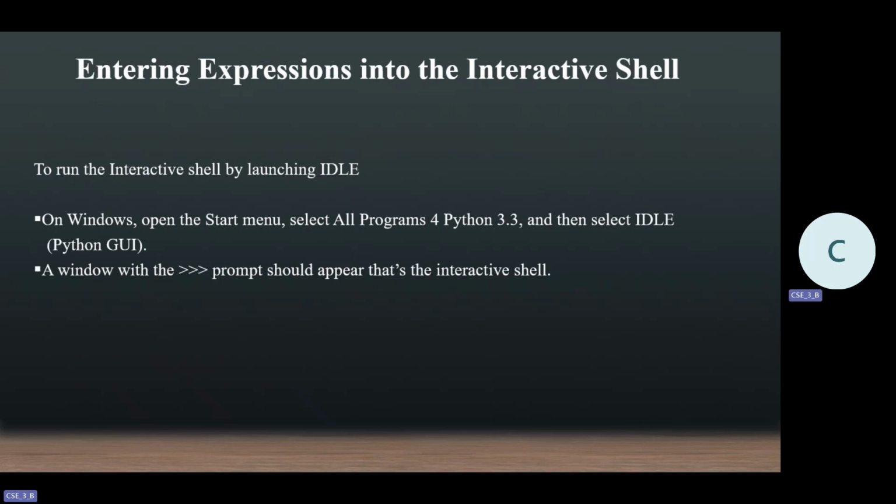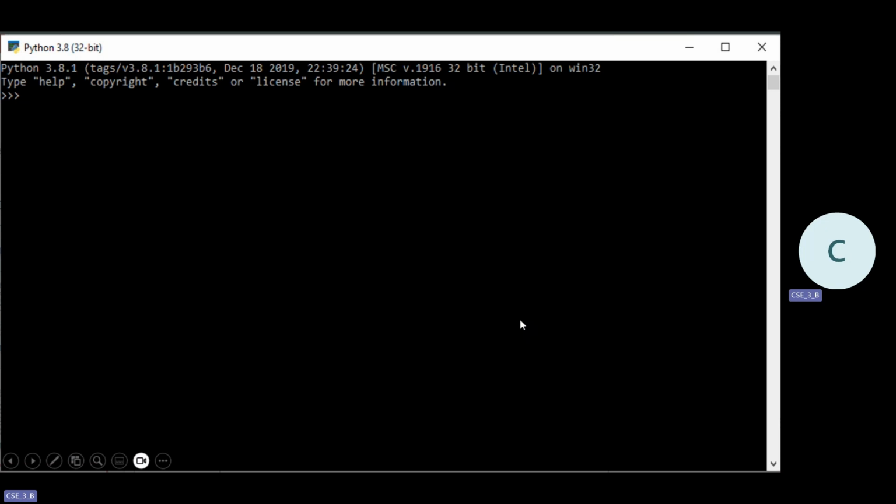On Windows, we open the start menu, select All Programs, and then select the Python GUI IDLE, that is, the integrated development and learning environment. Once we do that, we can see a prompt that has appeared in the interactive shell. We can see it on the screen.